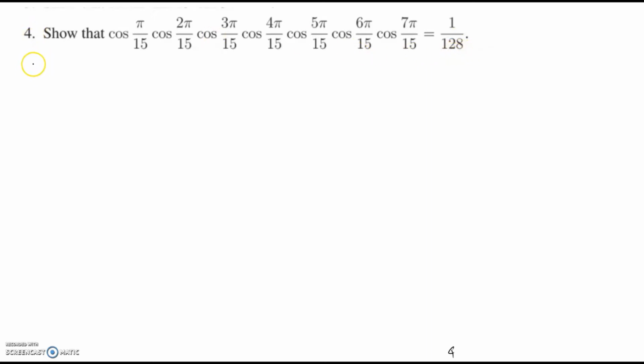Now pi by 15 is 180 divided by 15, which is equal to 12 degrees.